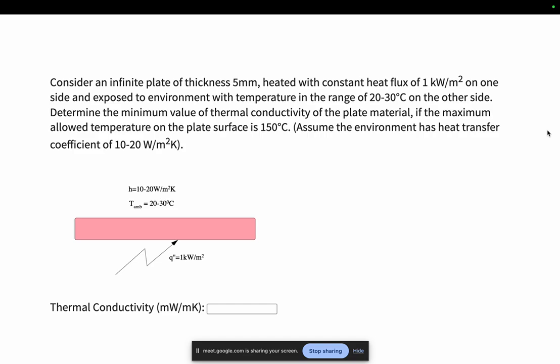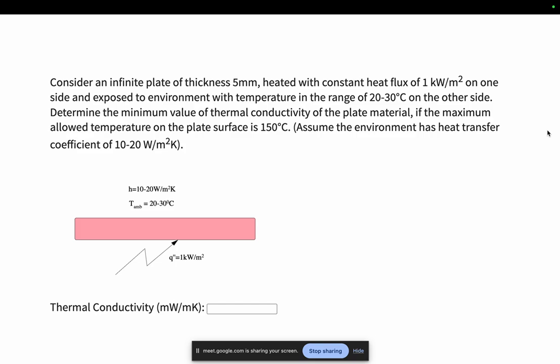Okay, let me just do the other one as well. Let's say you have taken h equals 10 and T infinity equals 20, and let's say this is case 1. Case 2 is you have taken h equals 20 and T infinity equals 20. For the first case, what is the value of k you are getting?